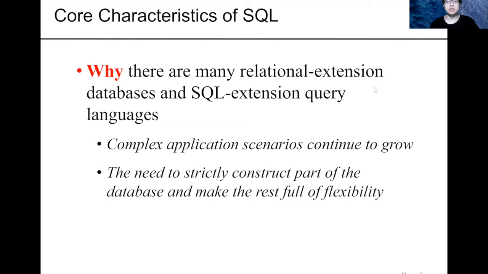Although the relational data model is convenient for querying and processing, it is inefficient and difficult to optimize. Therefore, the need to strictly construct one part of the database and make the rest of the database full of flexibility makes relational-based multimodal databases and SQL-based query languages flourish.